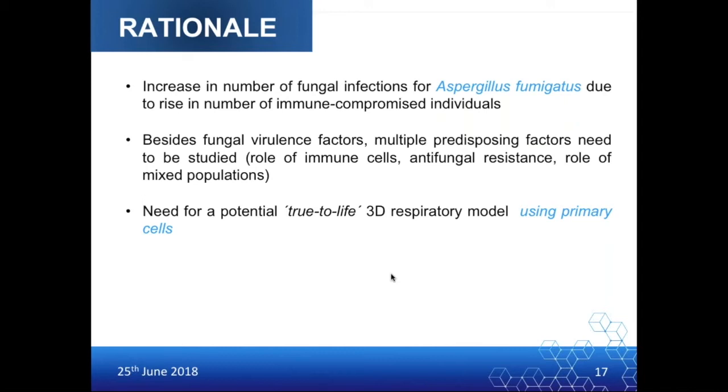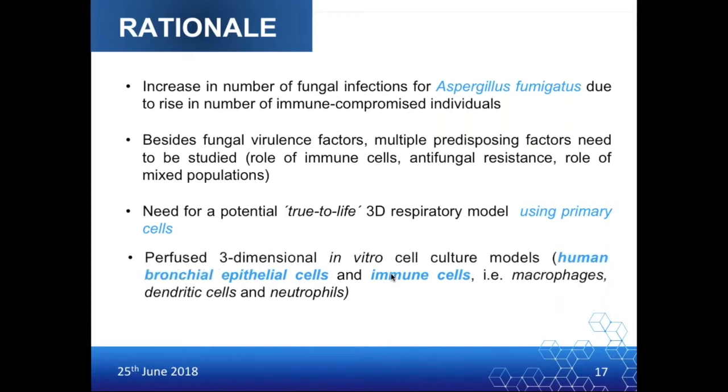Besides fungal virulence factors, there are also multiple predisposing factors to be studied, such as the role of immune cells, antifungal resistance, or also mixed populations. There's really a need for a true-to-life 3D respiratory model using primary cells. And this is what we set up in our lab.